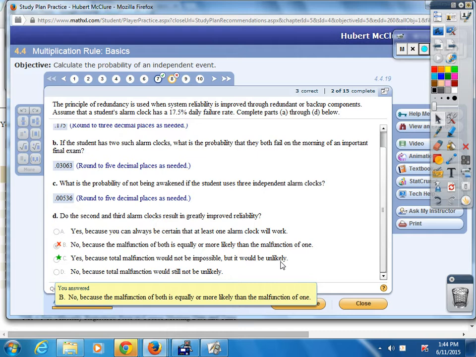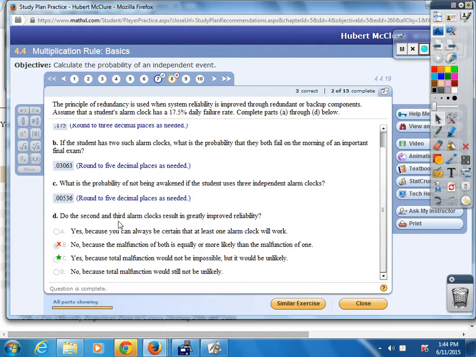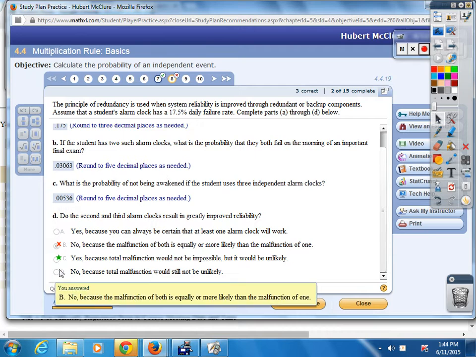That's what they're saying. I'm trying to understand what they're saying. Do the second and third alarm clocks result in greatly improved reliability? I don't think so, because what's the difference between 0.03 and 0.00? 3%. It's not greater than 5%, so I disagree with that. I would say no.